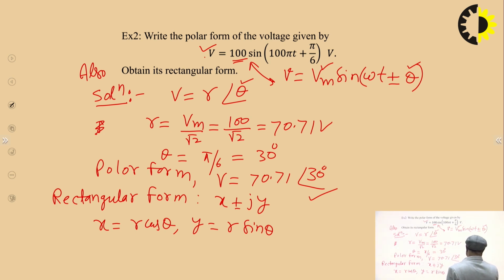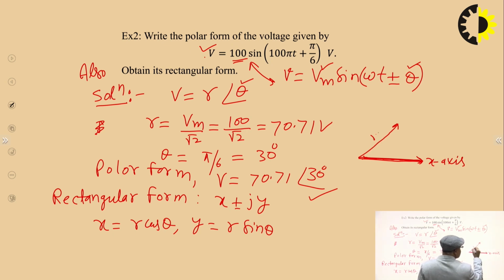Suppose this is the positive x-axis, and an AC quantity has RMS value r and phase angle theta. This is r and this angle is theta.